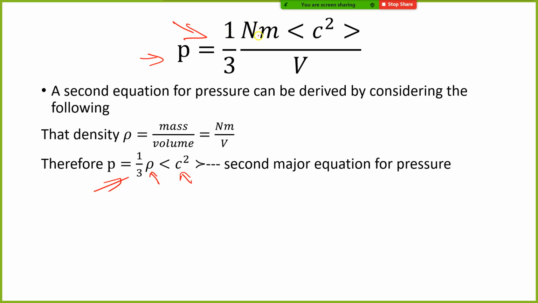We can't just single out one particle and talk about that density. So now we have to multiply the number of particles by mass over volume, because we are talking about the total density for all of the particles that add up to make that overall pressure. We can't single it out to just one particle, if you get what I mean.